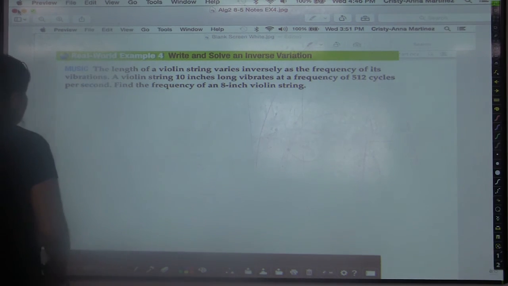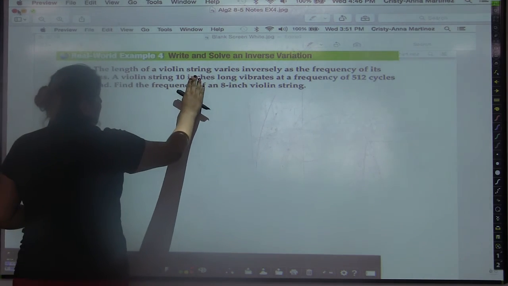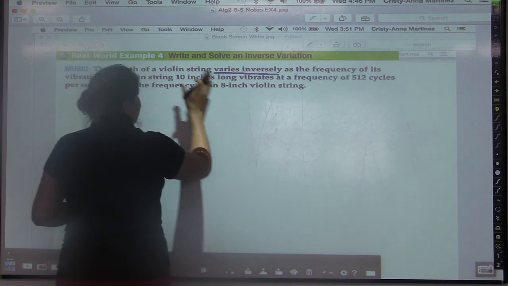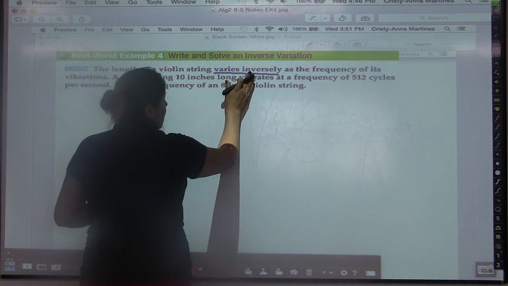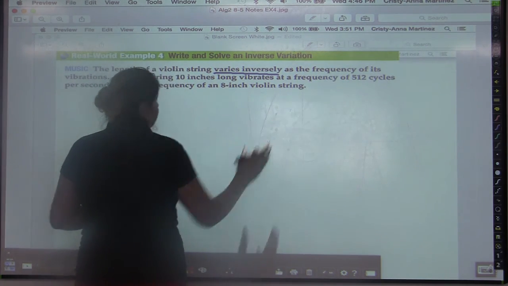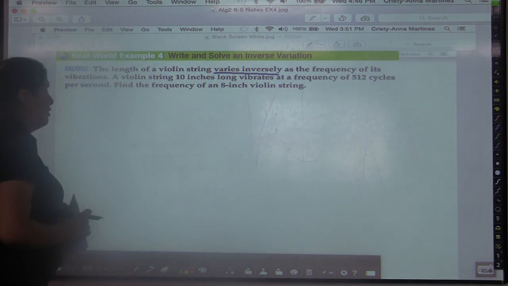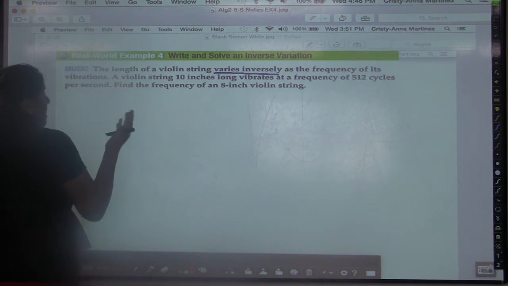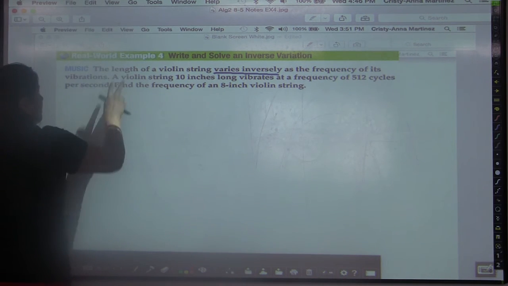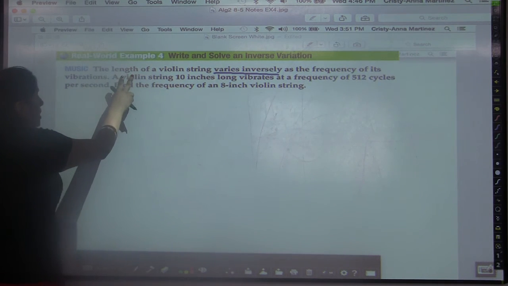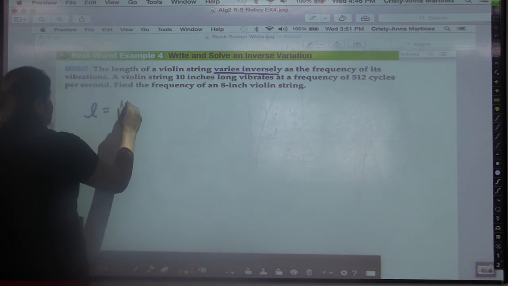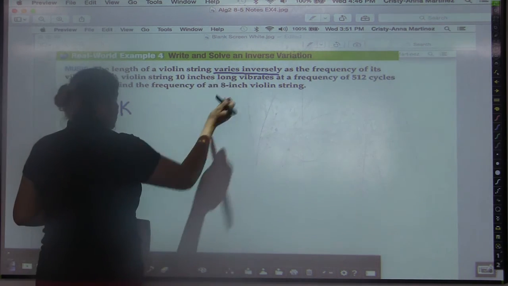So for example, it says the length of a violin string, and here's our key phrase, varies inversely. So it's going to be y equals k over x. But I don't necessarily want to use y and x because that's not the variable that was given. Here it's talking about the length of the violin string, so I'm going to go with L. And L equals some form of k because it says it varies inversely.